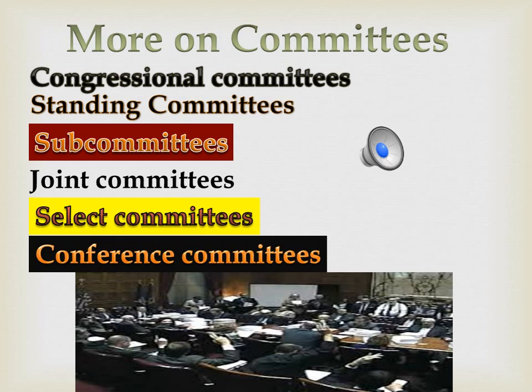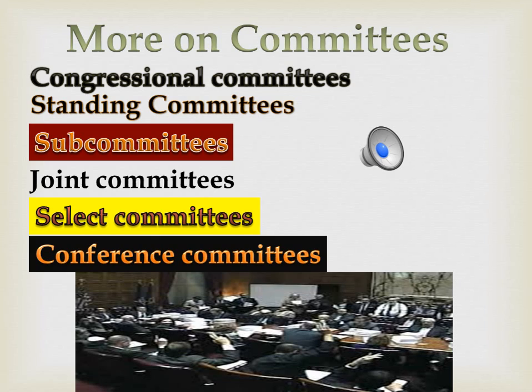There are many other examples. For instance, there's ones that focus on the armed services and foreign affairs. So hopefully when congressmen and women select people for a certain committee, it's because they have a specialty in that area, because we want people reviewing bills who have background.